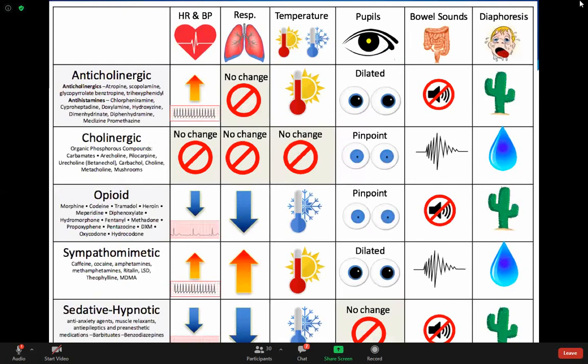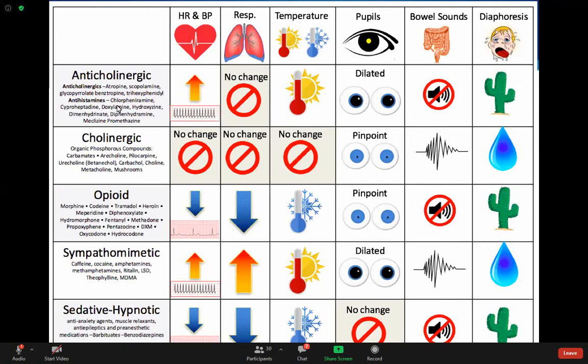This is a summary of the toxidromes that we spoke about so far. So anticholinergics, remember, their heart rate is fast, their temperature can be high, their pupils are dilated, they have reduced bowel sounds, and the most important is their skin is dry.